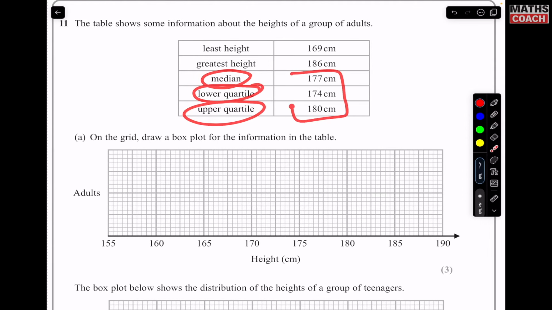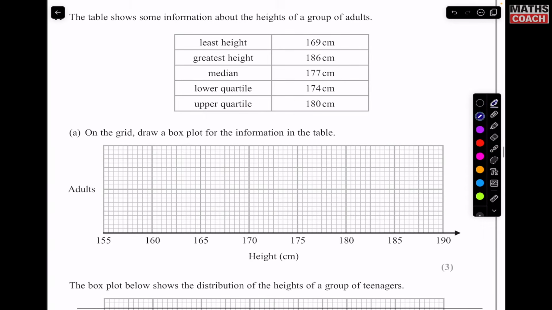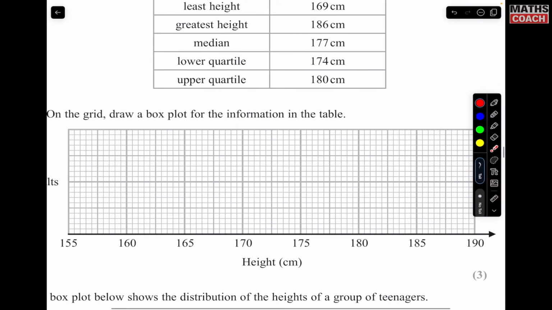So let's start with that. Go and find 177 for the median. So that's 175, this one. We just need to work out each of these. I think each two is worth 1. So that's 176, 177, 178, 179, and 180.